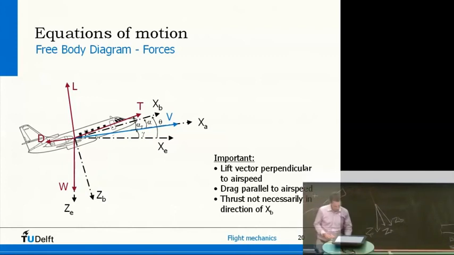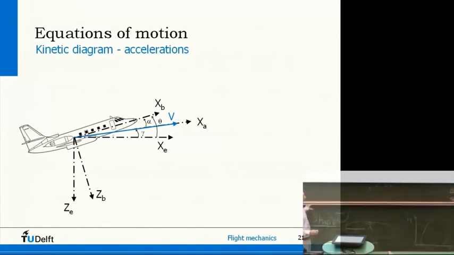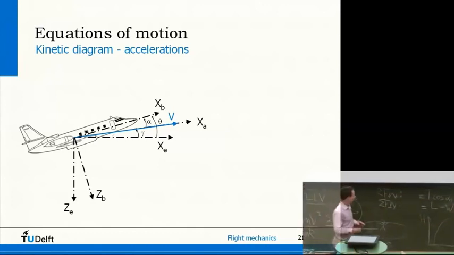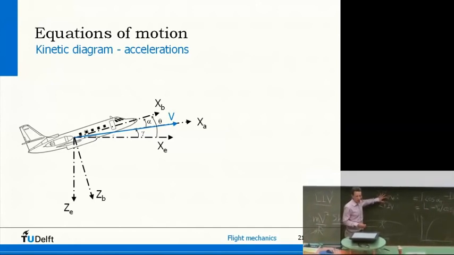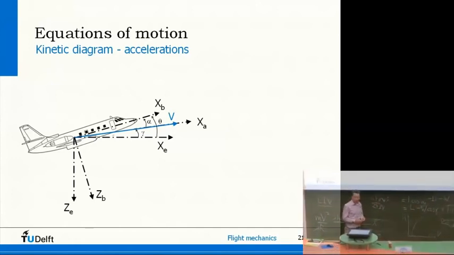Then back to the accelerations, and we're almost at where we want to be. That's the equations of motion. So I've taken forces parallel and perpendicular to the airspeed. So I'm also going to take accelerations in these two directions. Now, you can say that the airspeed may increase or decrease with time.